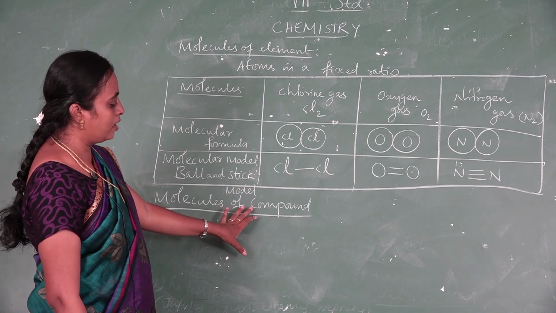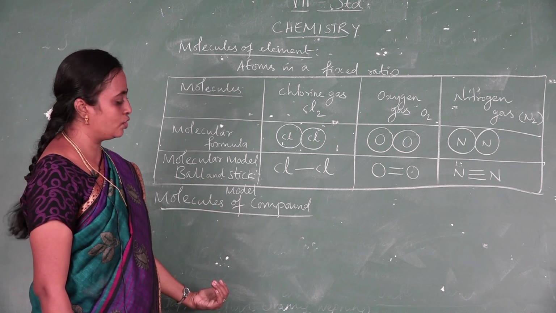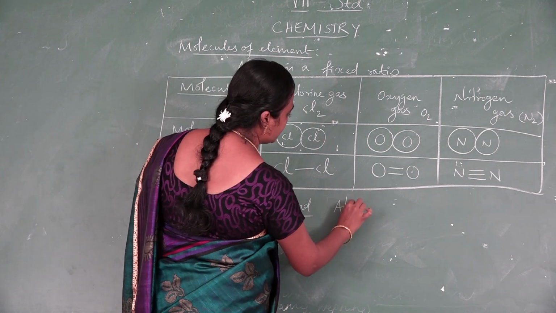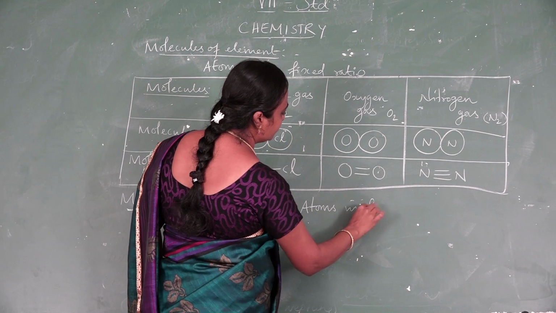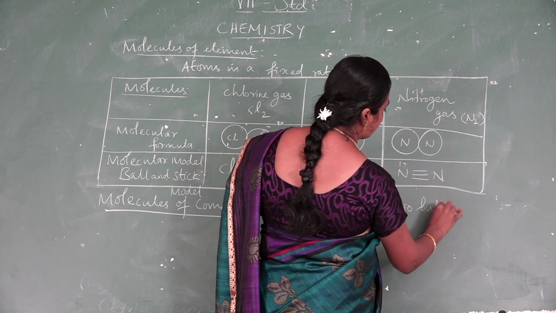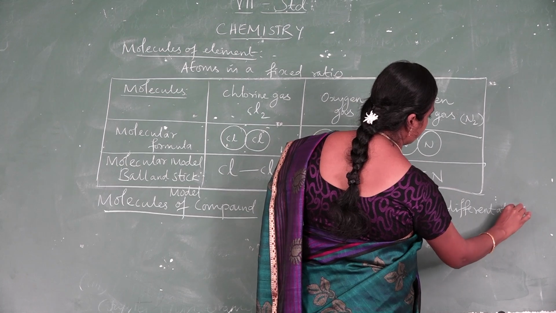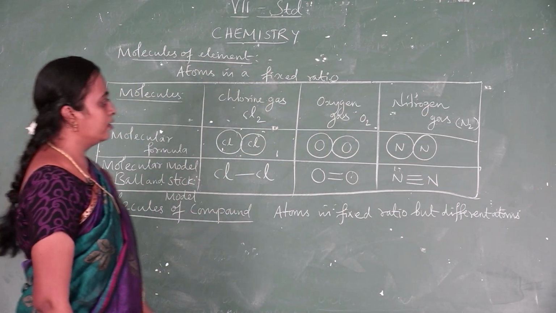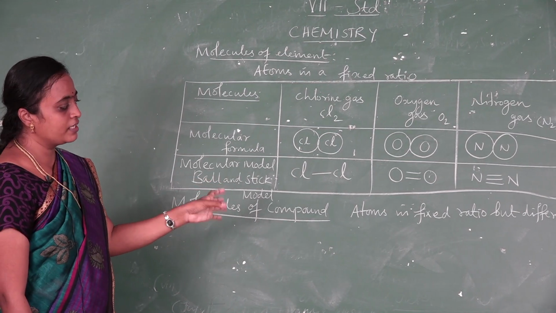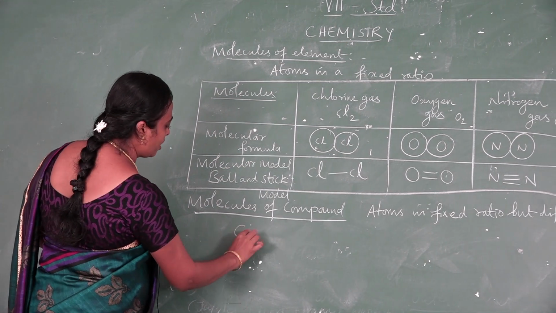Here also I am taking atoms in a fixed ratio, but different types of atoms we are going to take. Different atoms. Okay, I will give an example. If I am taking atoms in a fixed ratio, but different atoms will be possible. If I am taking an example, carbon dioxide.